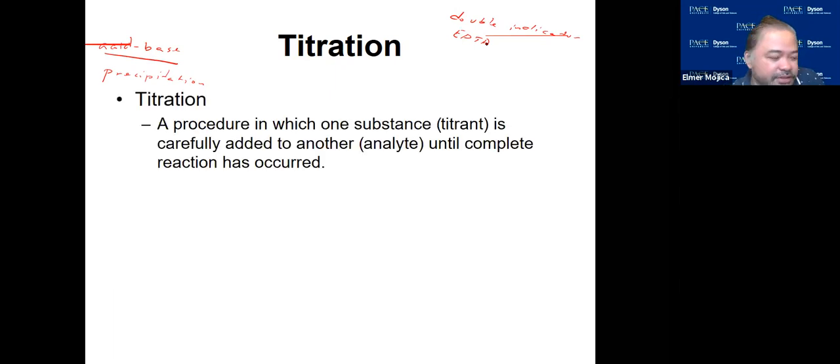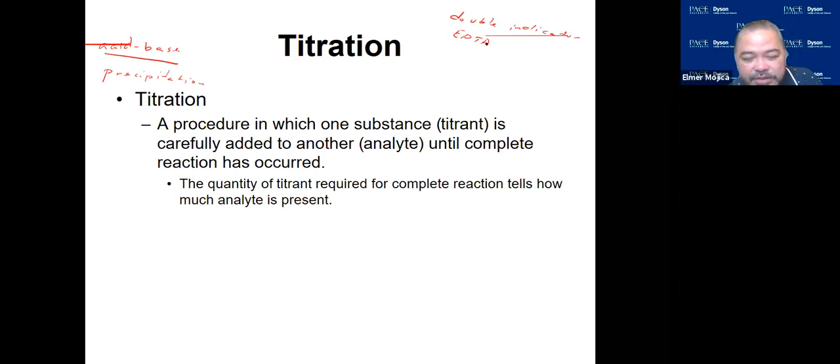So titration is a procedure in which one substance, which we call the titrant, is carefully added to another, which we call the analyte, until complete reaction has occurred. The quantity of titrant required for complete reaction tells how much analyte is present.